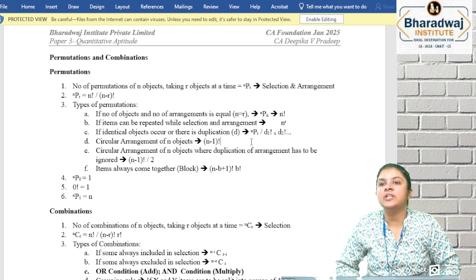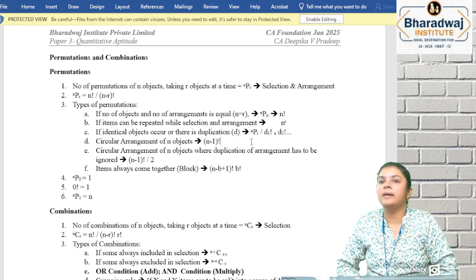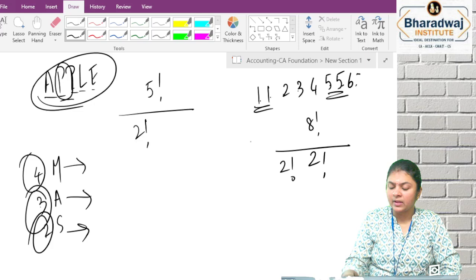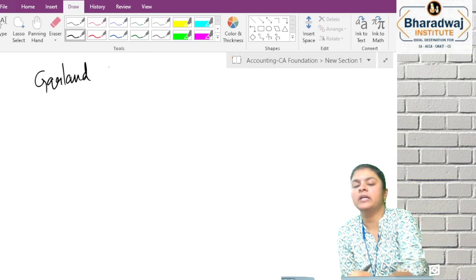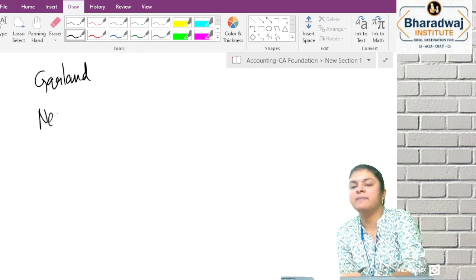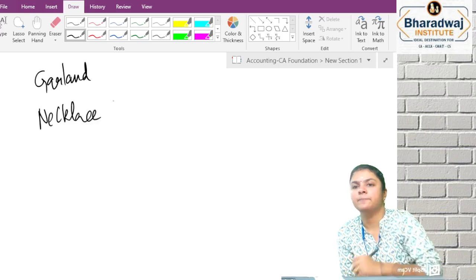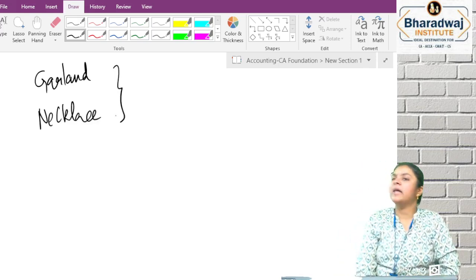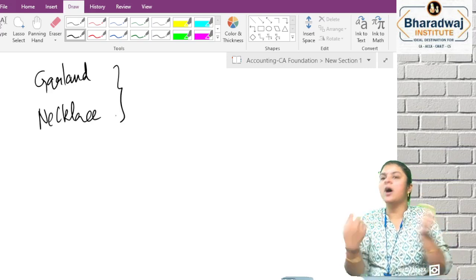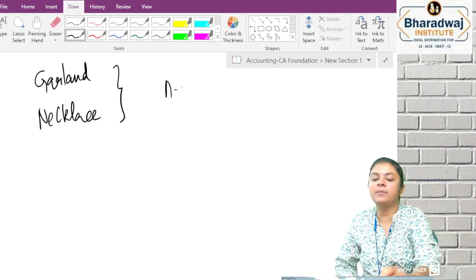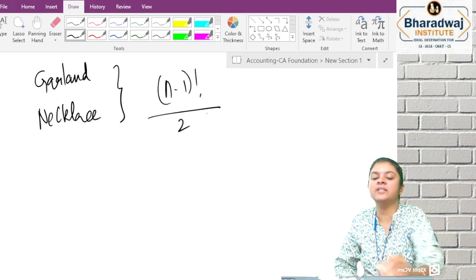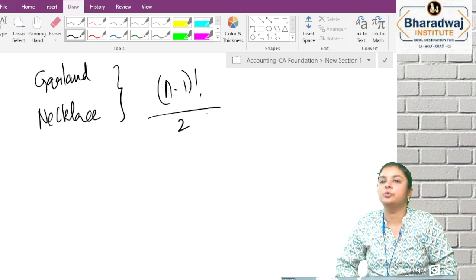What do you mean by duplication has to be ignored? A classic example that they will say is a garland is strung with so many flowers. A necklace is made with so many beads. In that example, what happens? Whether you have it clockwise or anti-clockwise, it is immaterial. Correct? So in that case, the circular arrangements will be n minus 1 factorial divided by 2.